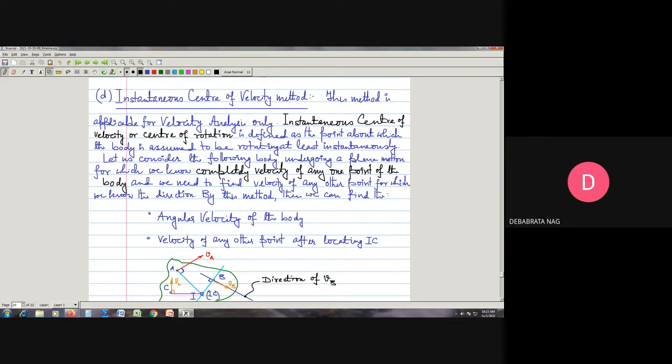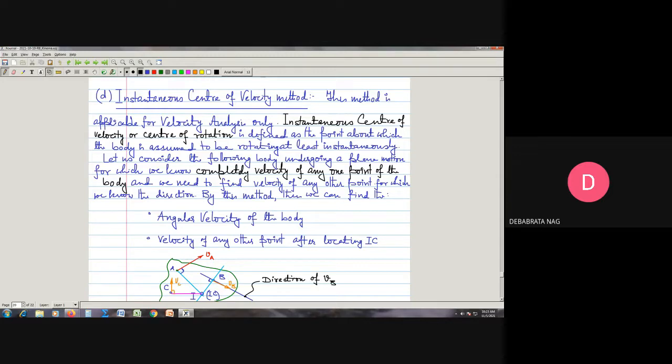So that's why it is applicable only for velocity analysis, and it is to be understood that this method cannot be applied to find the acceleration analysis of a mechanism or a system of rigid bodies or a rigid body. So that is the drawback of this method.